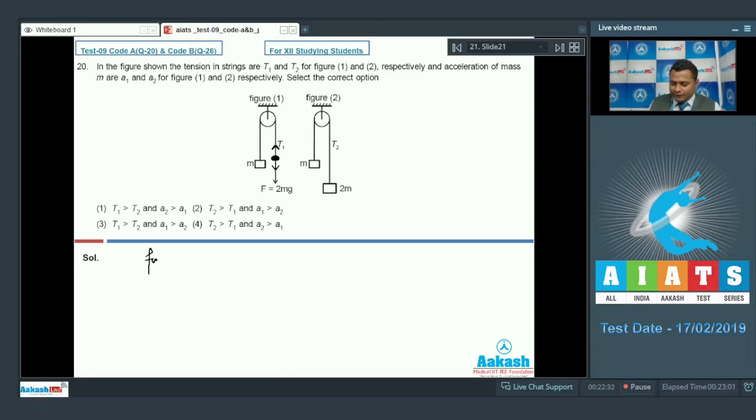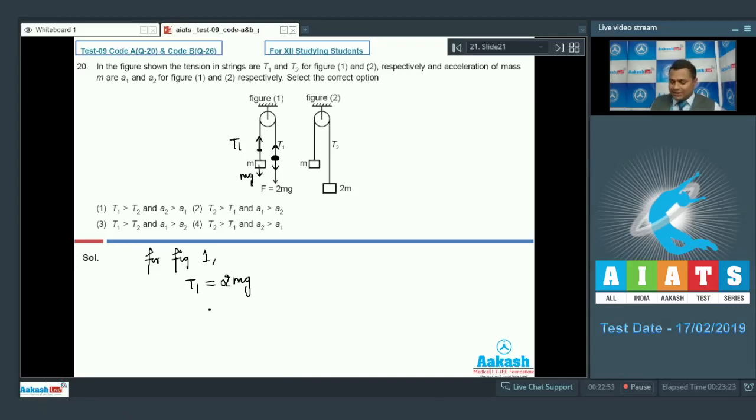So for figure 1, we get the value of tension T1 as 2 mg. So here there will also be tension 2 mg. One downward force, that is weight, is acting. The net force will be what? T1 minus mg.